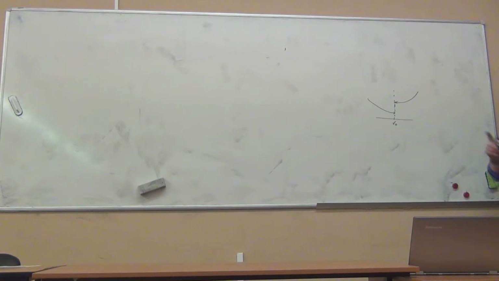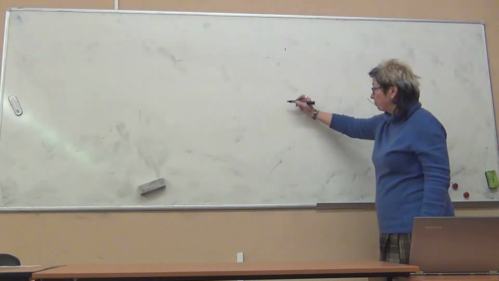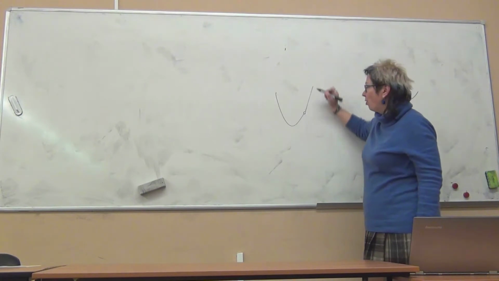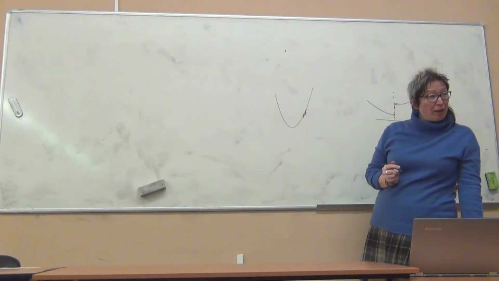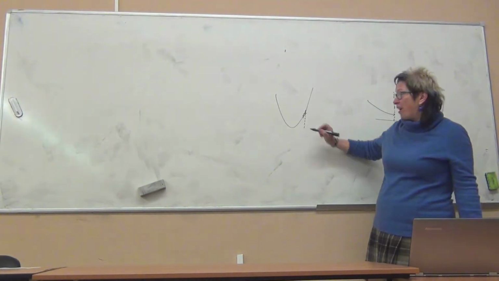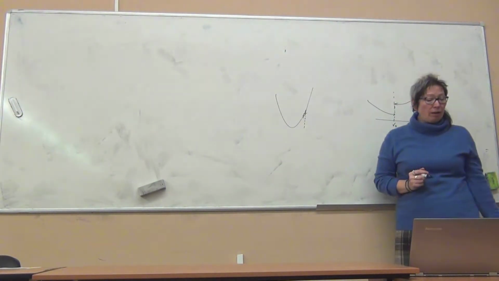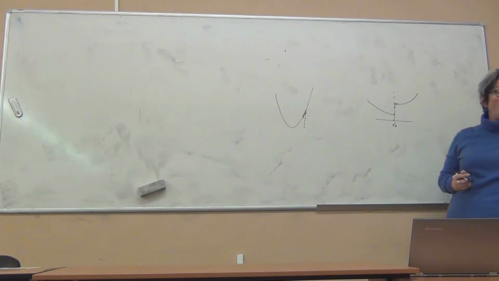Or, even worse, just like we had there at this hole in the parabola, both the one-sided limits could be the same. But the function is either not defined there or it's somewhere else.